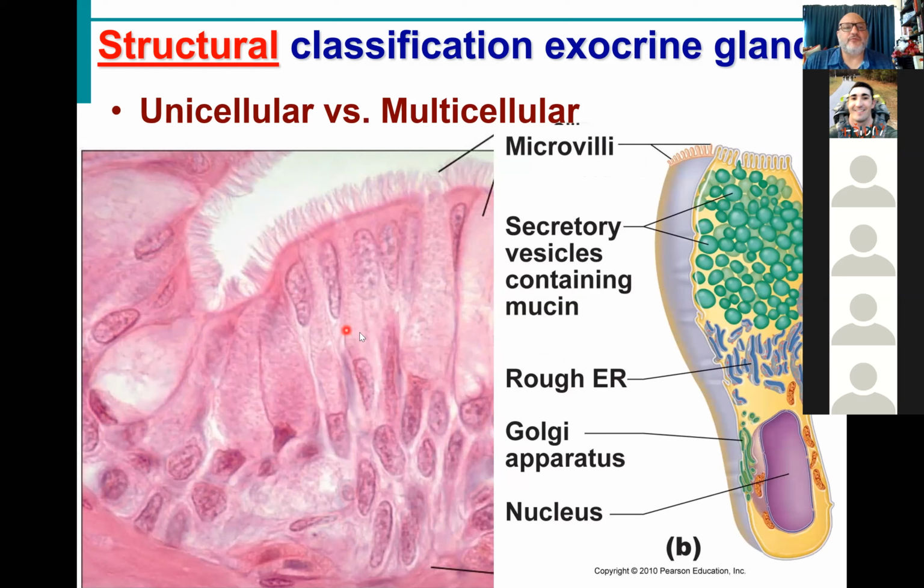So the very first potential type of structural classification is a unicellular gland. In fact, if we cheat, and I need a little space, so I need to juggle some of my stuff around, there are 8 specific structural classifications.